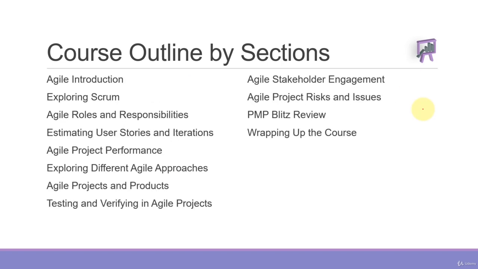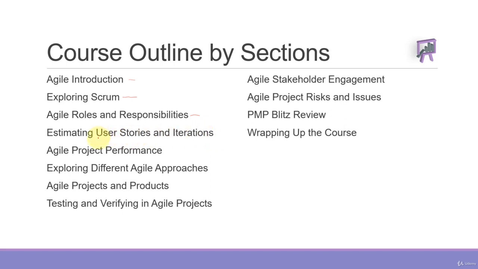The new information that's been added to this course and for the 2021 exam is all about Agile. So quite a bit of information on Agile. So we'll talk about what is Agile. We'll walk through the most common approach to Agile, which is Scrum. Talk about the different roles and responsibilities in Agile.